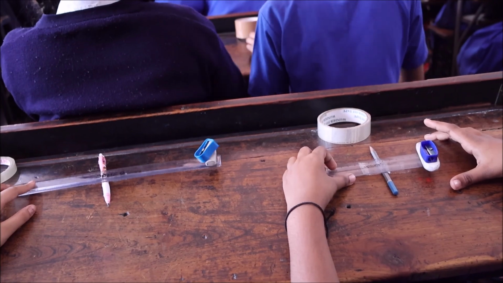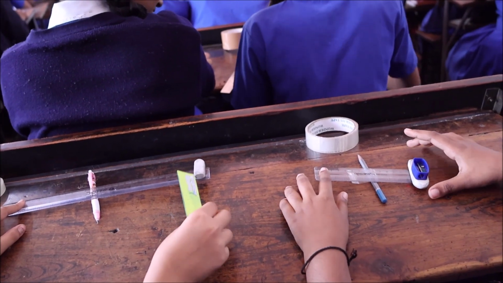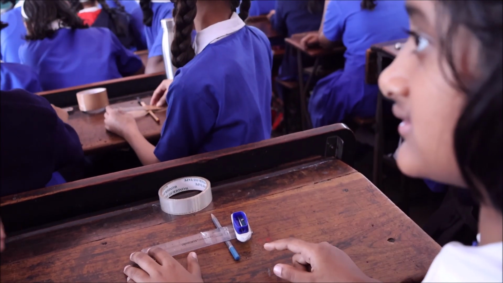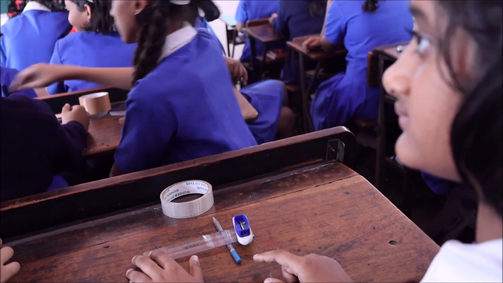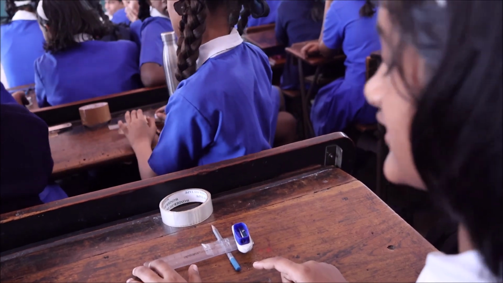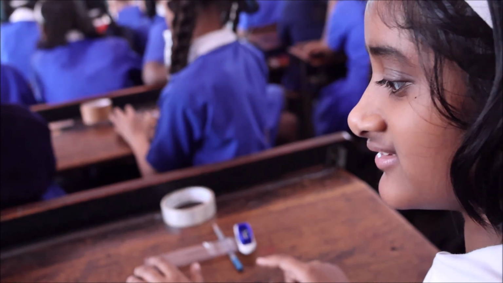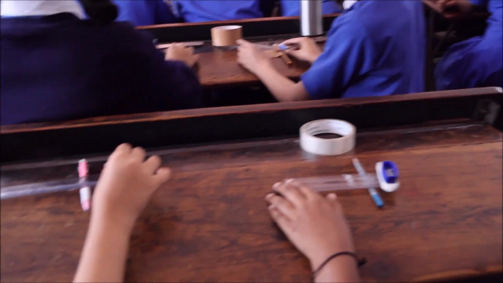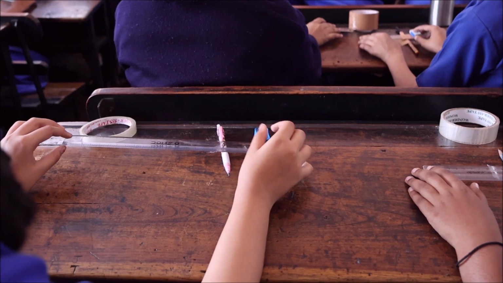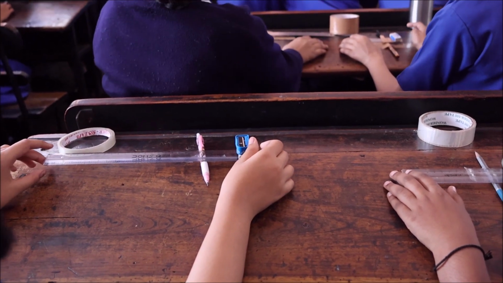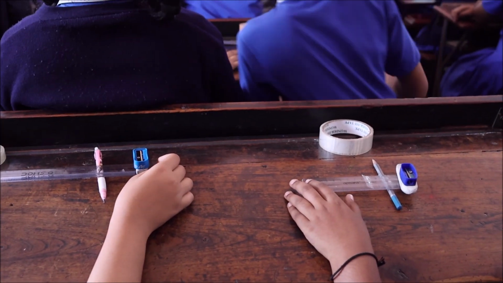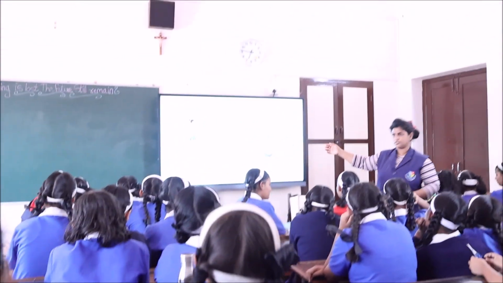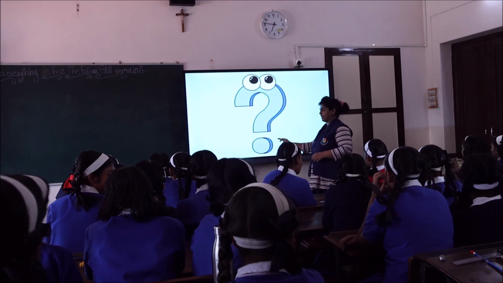Now increase the effort arm. Bring it closer to the pencil. Very good. This is a technique that farmers use if there are big rocks which are stuck and not coming out. Please keep that in your mind.